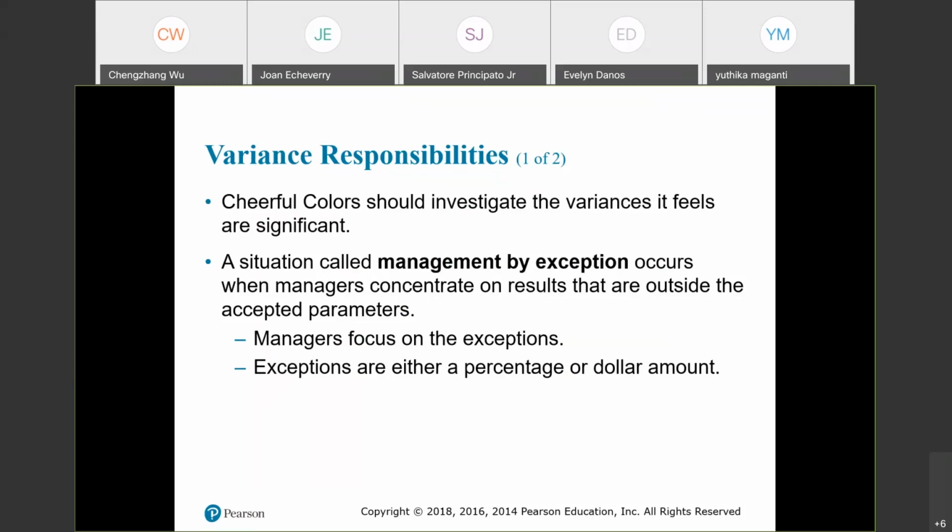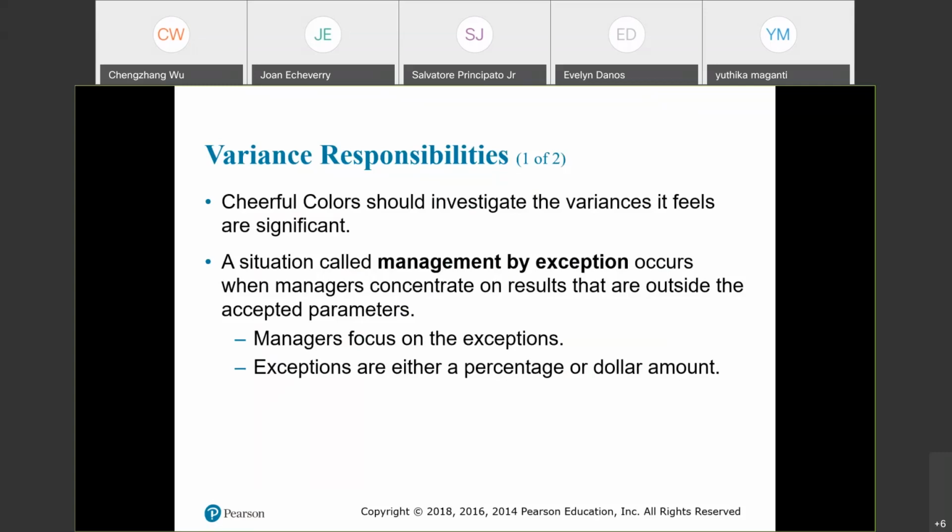In other words, managers focus on the exceptions. And the exceptions can be expressed as a percentage of a budgeted amount or a dollar amount. Many companies use a combination of percentage and dollar amounts.